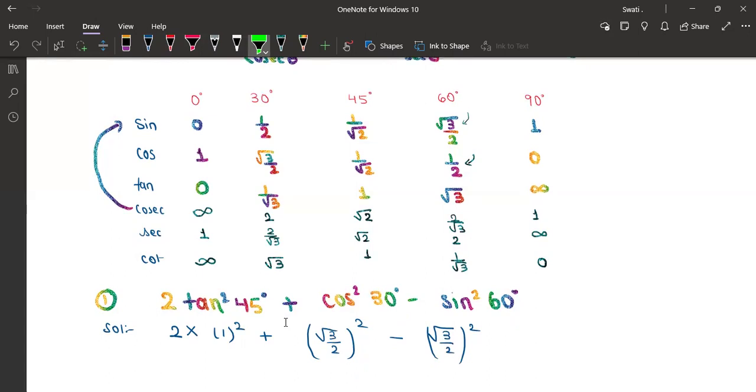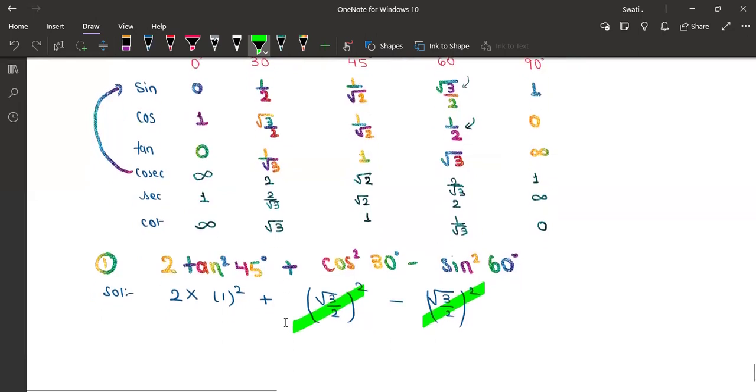So do not waste time in solving this. This is the same thing, and this is the same thing with the opposite sign, plus and minus, so of course that will get cancelled. So what is the answer? 2. Yes, that's the answer. Done. This was a very simple question.